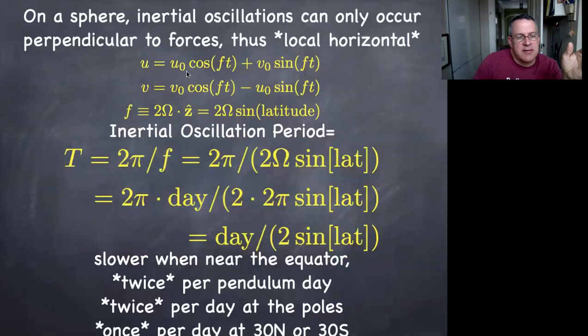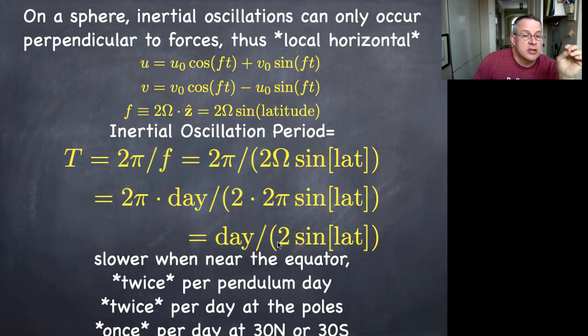Or we could do it in terms of f. We get the same thing. So now we have f. So f is 2 omega times the sine of latitude. So in the tangent plane, there's actually a sine of latitude connection. So the time scale, 2 pi over f, 2 pi over 2 omega sine of latitude, equals a day divided by twice the sine of latitude.